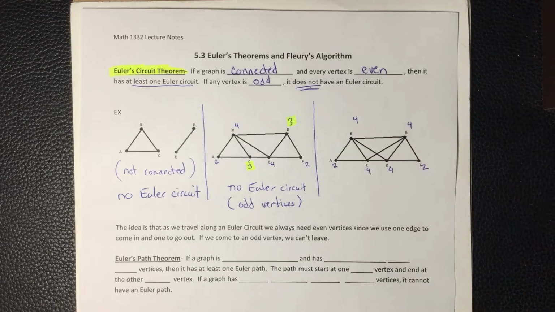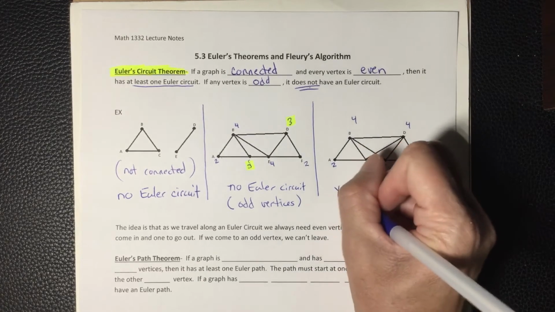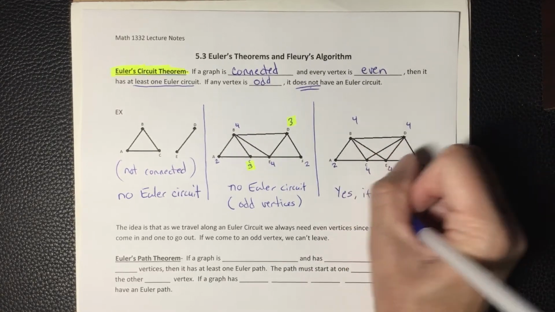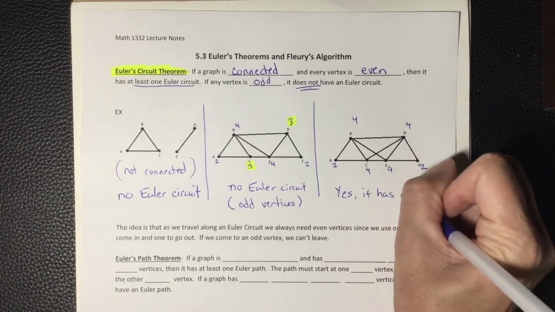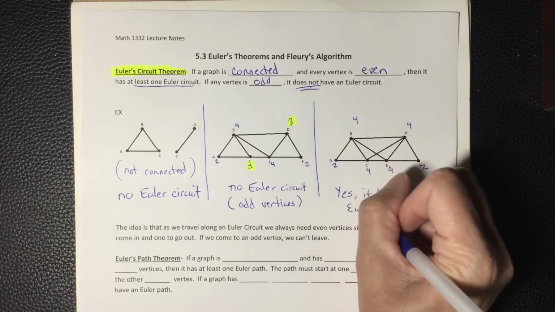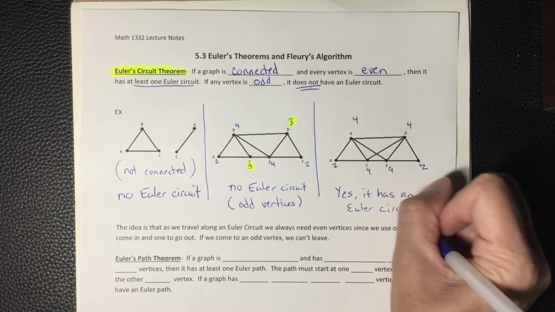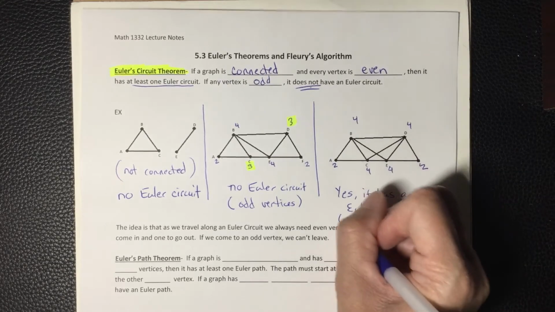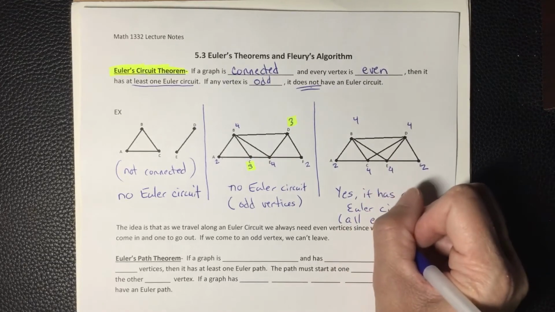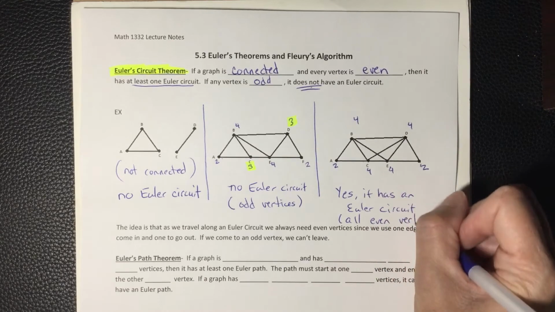So notice they're all even. So we can say yes, it has an Euler circuit. And our reasoning for that would be all even vertices.